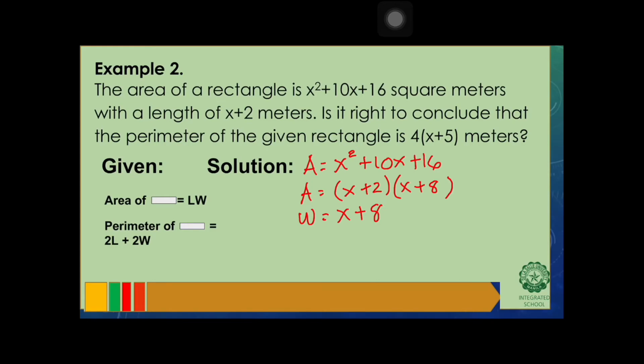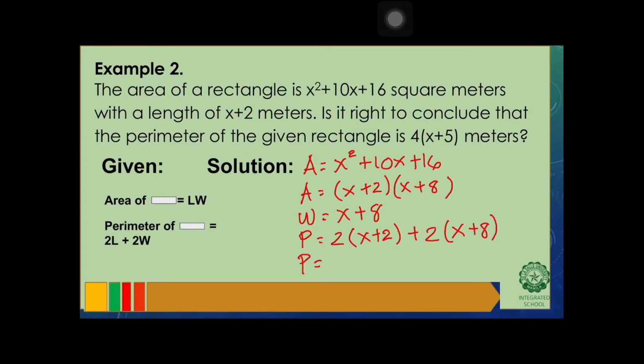After that, you need to use the value of the length and the width in getting the value of the perimeter to confirm if the given perimeter value is correct. So the perimeter formula is equal to 2L plus 2W. So use the length value and the width value. So you have 2 times the length, which is x plus 2, plus 2W, which is 2 multiplied by x plus 8.